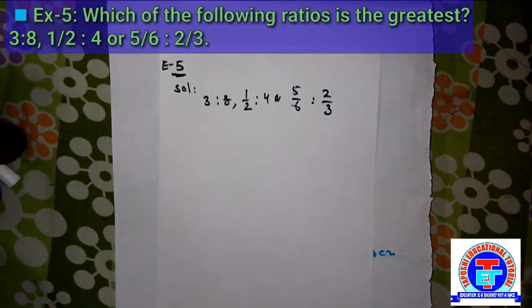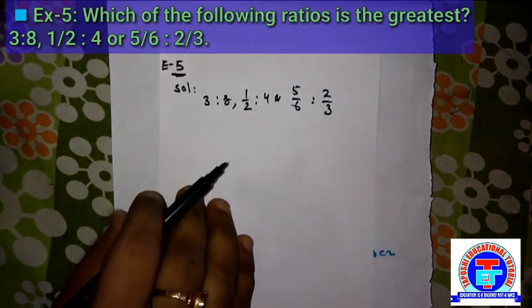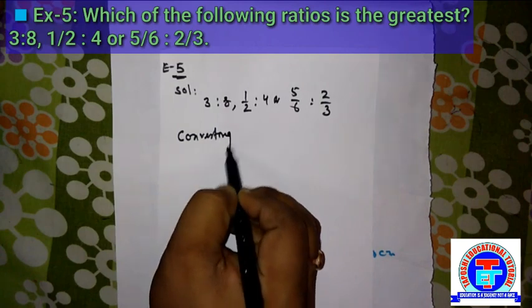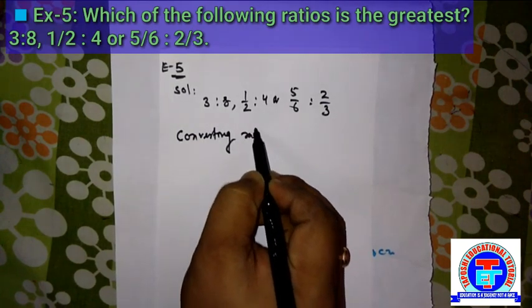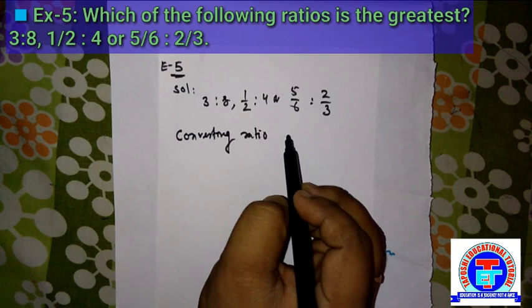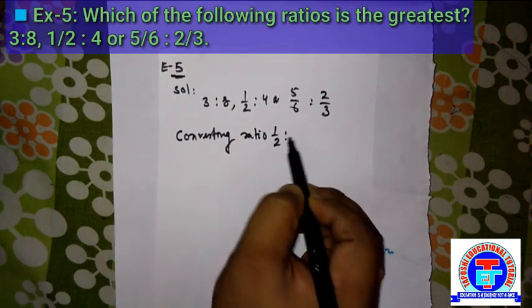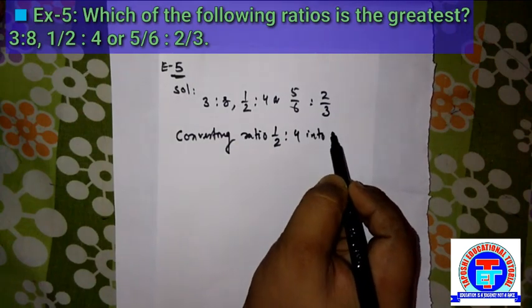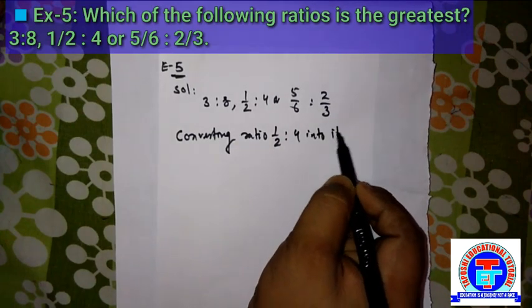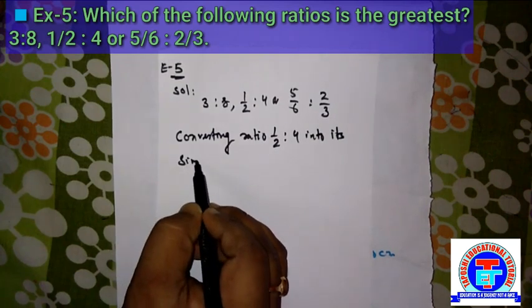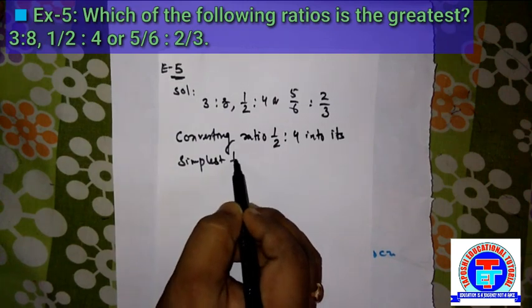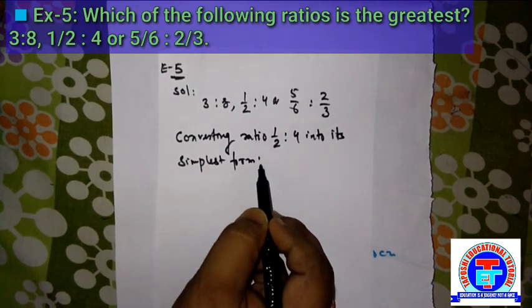So how to solve this problem? First, converting the ratio 1 by 2 is to 4 into its simplest form, correct?